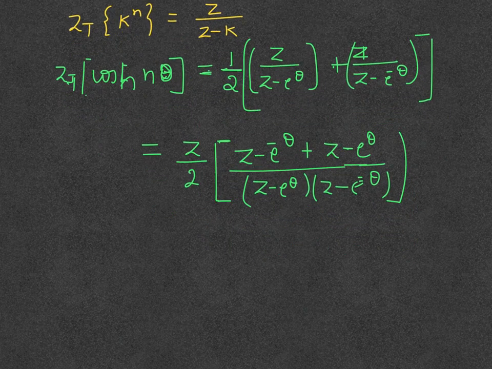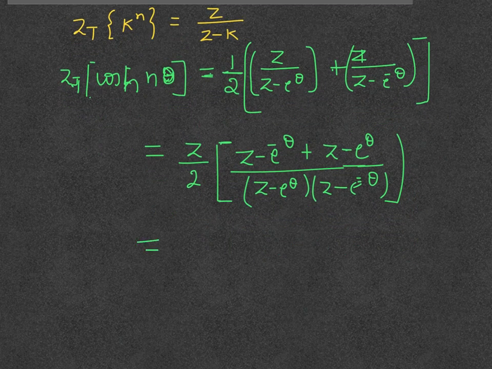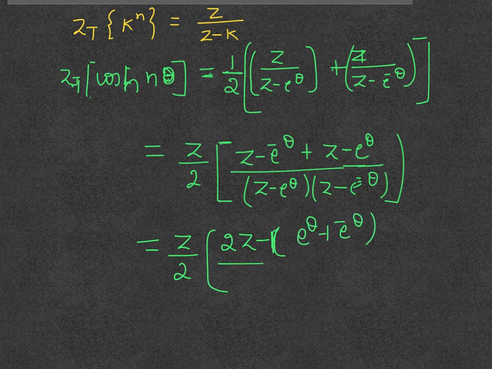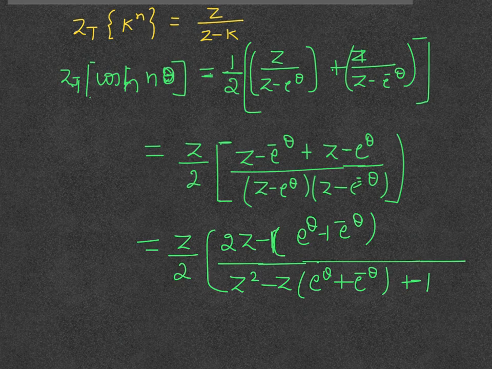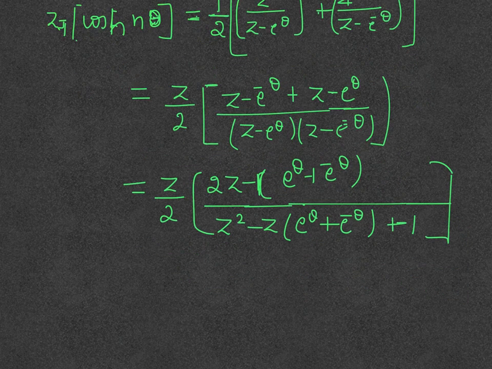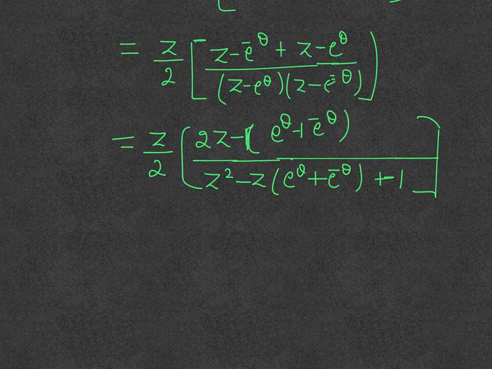So what we get from this? z by 2, 2z minus common out e power theta plus e power minus theta, divided by z square minus z times e power theta plus e power minus theta, plus e power theta into e power minus theta, which is 1. Then we can simplify this as z by 2.